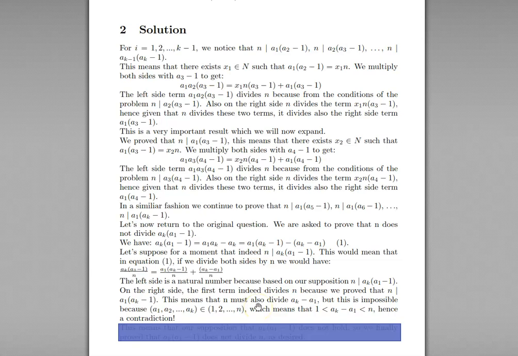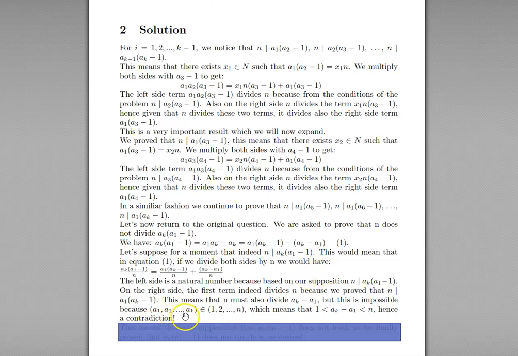Well, this will mean that the difference ak minus a1 will be smaller than n, because the maximal value of ak can be n, and the minimal value of a1 will be 1, so we maximize the difference, and it will give n minus 1. But still, n minus 1 is smaller than n, and it does not divide n. So we reached a contradiction.